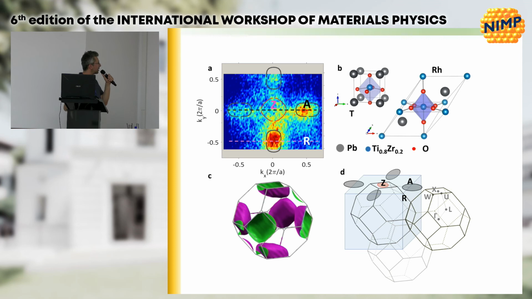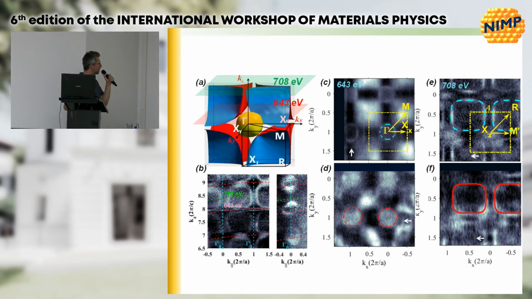Similar phase transitions to lower symmetry ones were previously seen in other oxides as well. For example, in lanthanum strontium manganese oxide, we see a folding of the band structure so that when cutting through the gamma point, we also see features which are associated to the corners of the Brillouin zone.